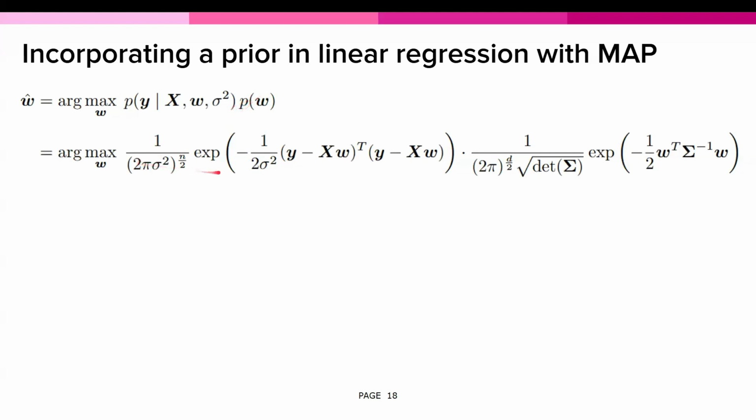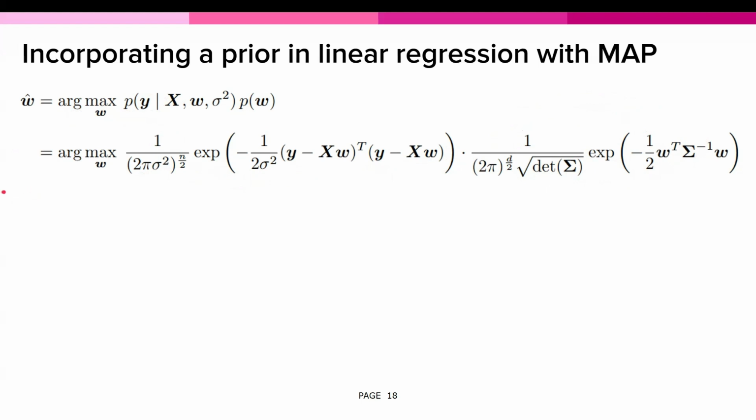The likelihood is all about the data. It tells us how likely the data we observed is given the weights. The prior, on the other hand, reflects what we believe about the weights before seeing the data. And so when we combine these, we get the posterior, which is the probability of the weights given the data.